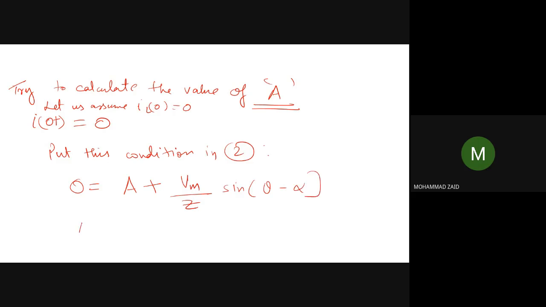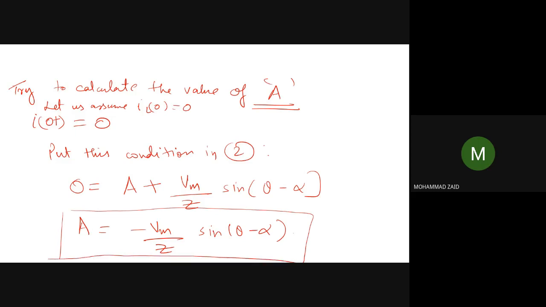That means A comes out to be equal to minus Vm by Z sine of theta minus alpha. This is the value of A. After finding the value of A, we can put it back into the equation.